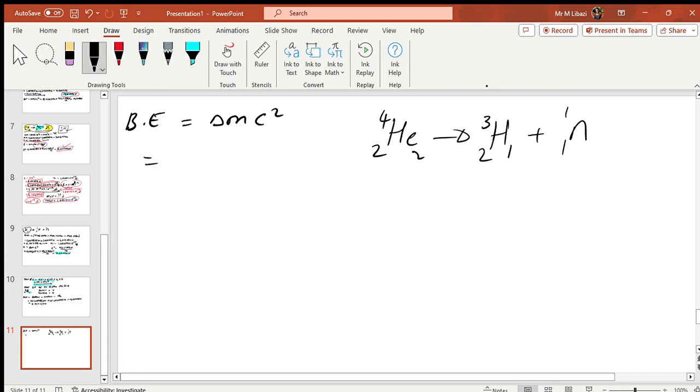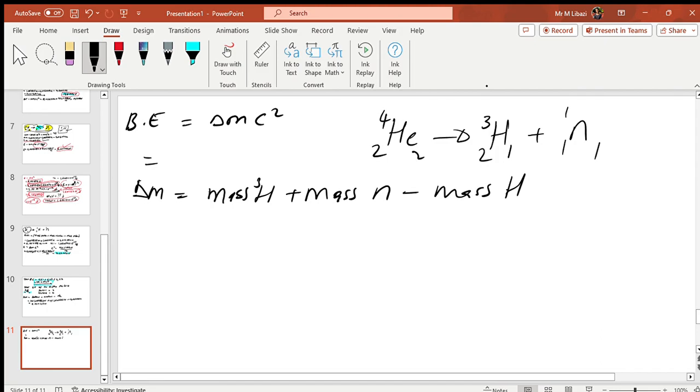So we know that the mass defect will be the mass of H3 plus the mass of the neutron minus the mass of helium itself.